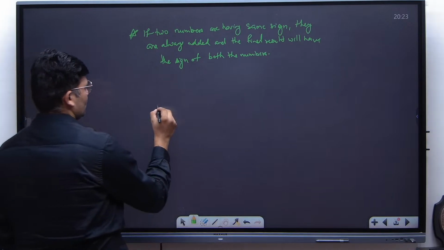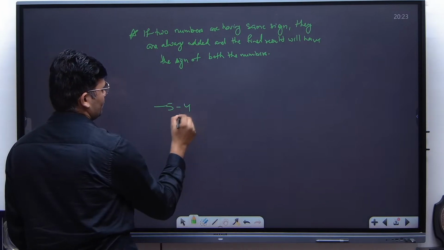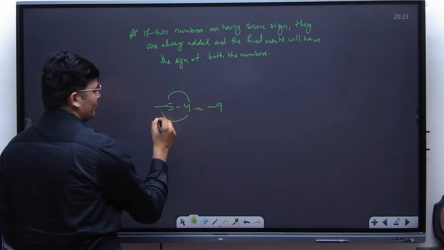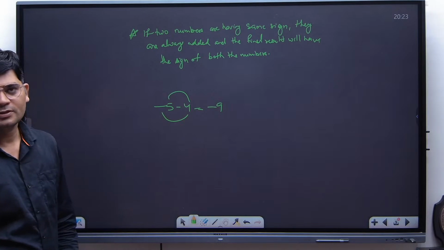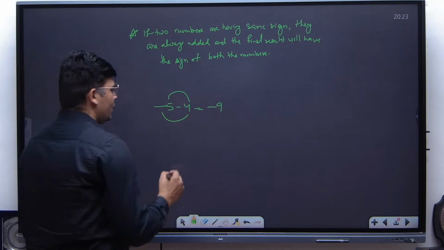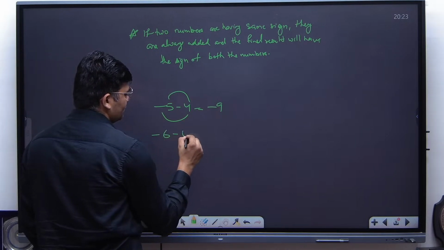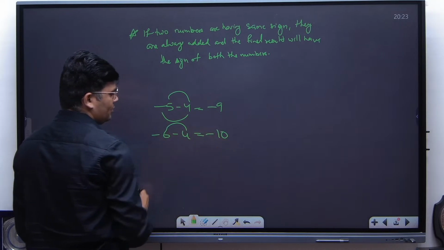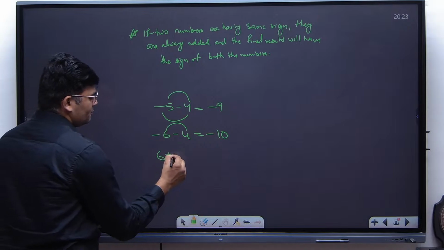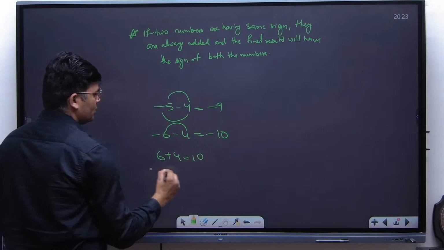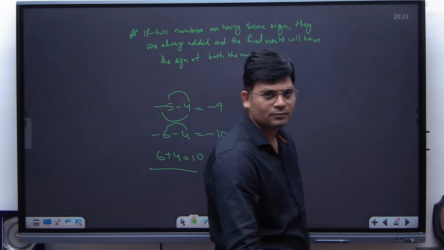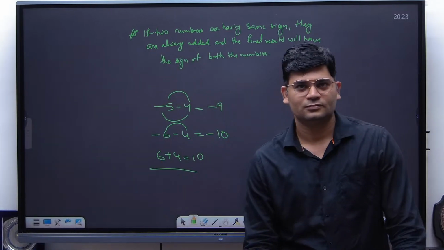Minus 5 minus 4, both numbers having the same sign, they will be added, and the final result will have the sign of both. Minus 6 minus 4, same sign, added, negative 10. 6 plus 4, positive 10. Are you getting this, beta?